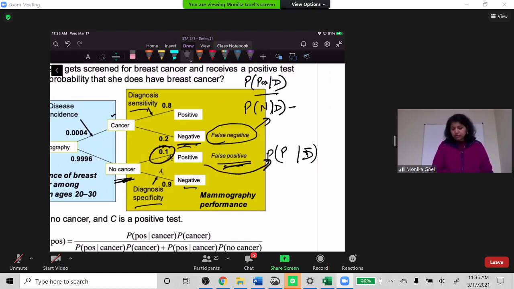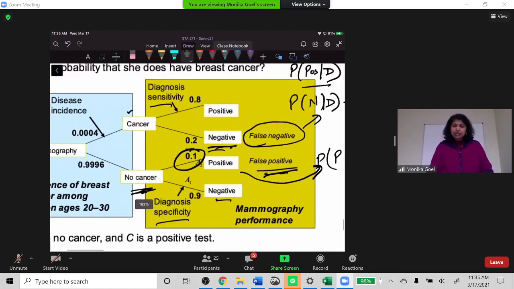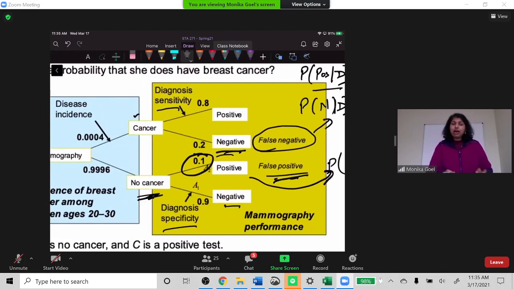So this is one thing. The second thing, as I mentioned, how do we read or write these values in the probability notation?